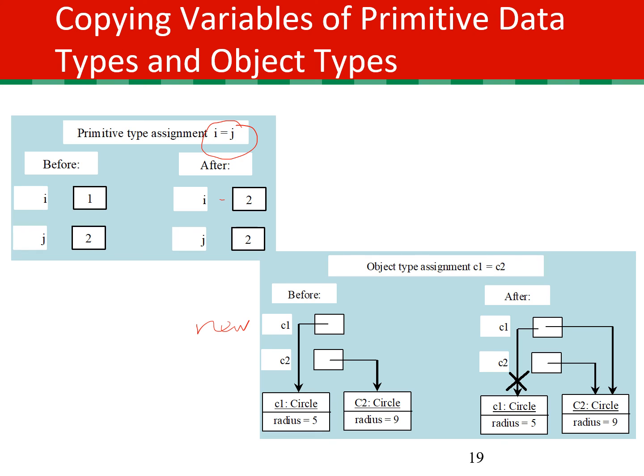Again, this is a reference, so it only holds the address. For c2, you create another object and give it a value of 9. So when you do a statement like c1 equals c2, before this c1 was pointing here, but now c1 is referencing what c2 is referencing. So the previous object is missing. You cannot access it anymore.